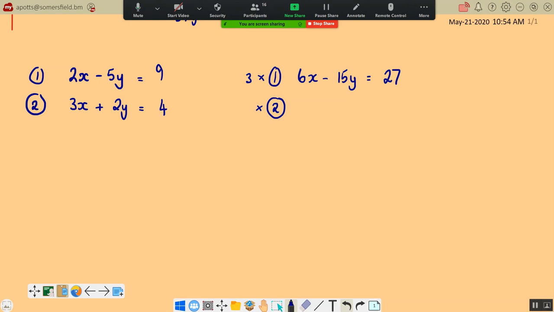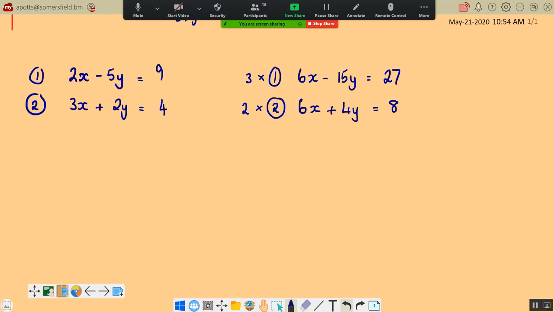No? Anyone else? Yeah, if I multiplied the second one by 2, I get 6x in both equations. Okay, but this one will be 6x plus 4y's is equal to 8.